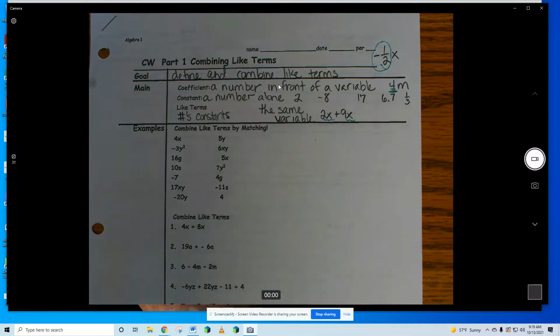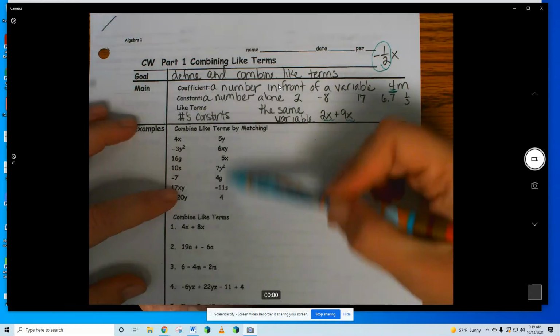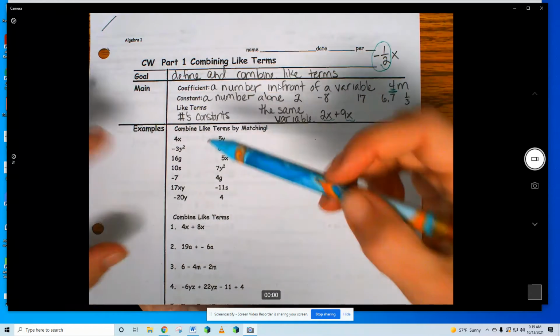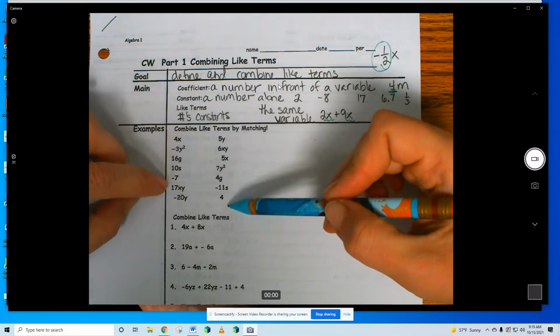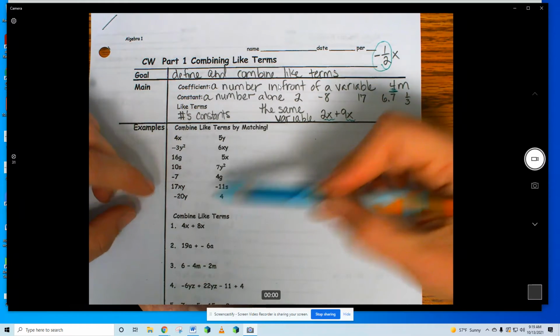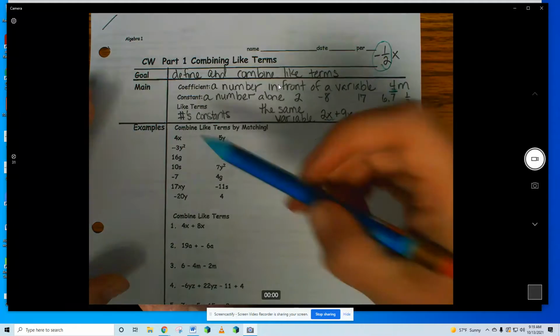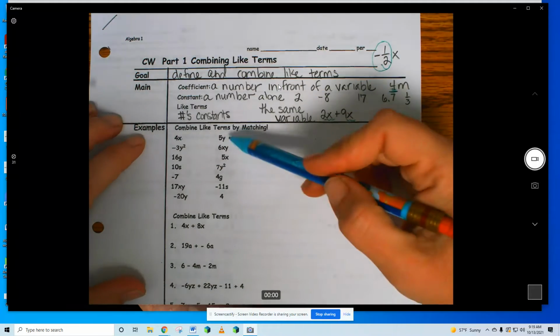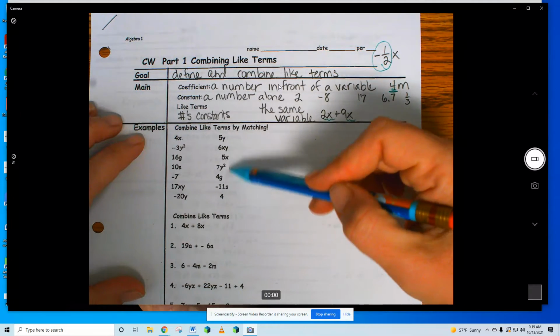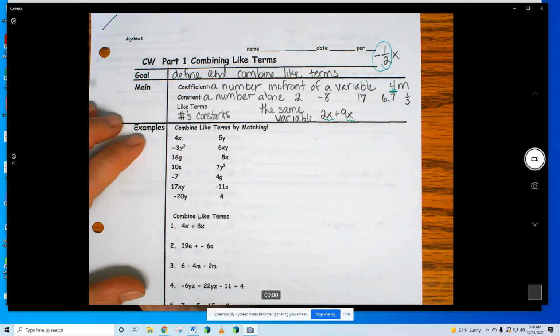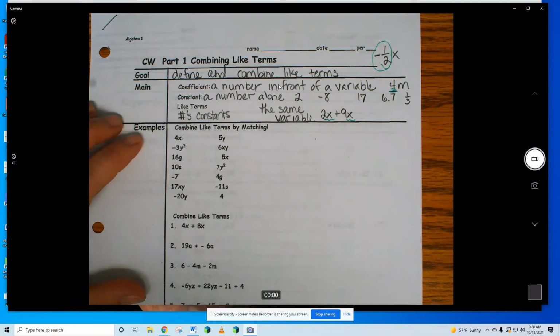So here we go. I have combined like terms by matching. What this means is there are numbers on the left and there are numbers on the right. And we're going to figure out what goes with what by drawing lines. So 4x. In this column, what would be matched up? What has the same backpack as 4x? As the 4 has a backpack, it's an x. 5x.